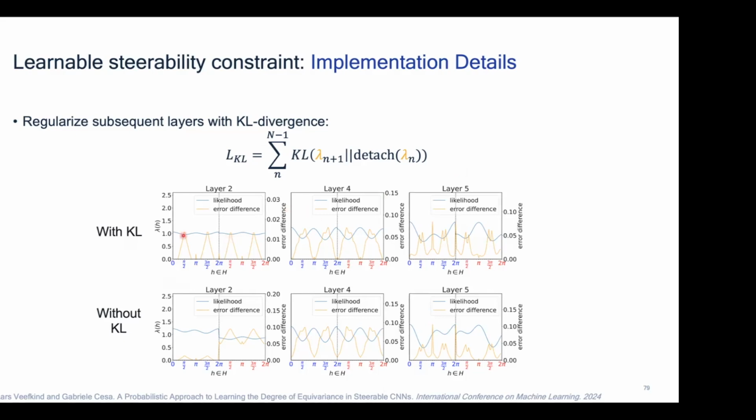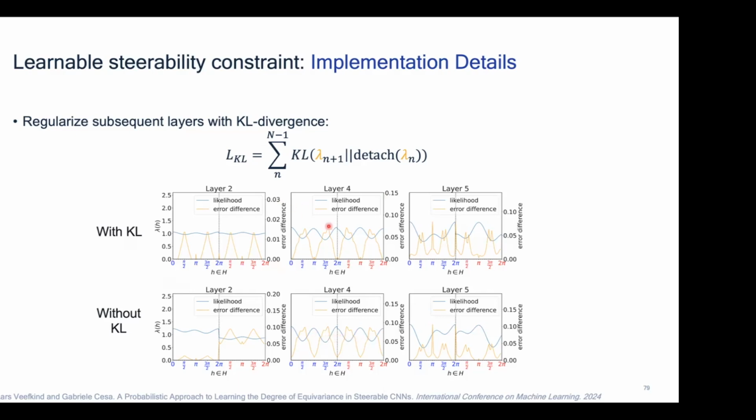We see that if we use KL divergence in the initial layers, we get something that is more equivariant, but in the final layers we get something that, look at the blue distribution, has only positive or high values where the first layer also has them. But if we don't use the KL divergence, final layers don't really match the previous ones. So here we recover some high equivariance in places that before were not really equivariant.